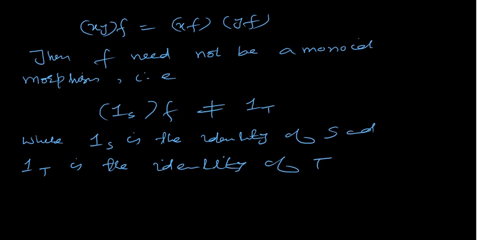तो इन फ्यूचर हम ये जो है ना 1s और 1t ये नोटेशन हम इन फ्यूचर में यूज नहीं करेंगे, हम सिंपली लिखेंगे f of 1 equal to 1, where it is understood that this one is the identity of S and that one, the identity on the right hand side, is the identity of T, the codomain of the map.